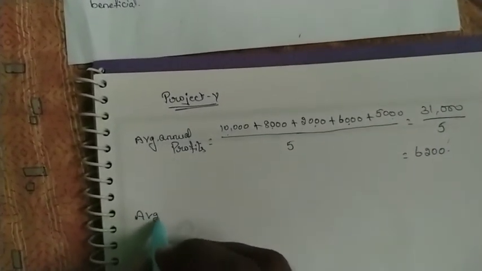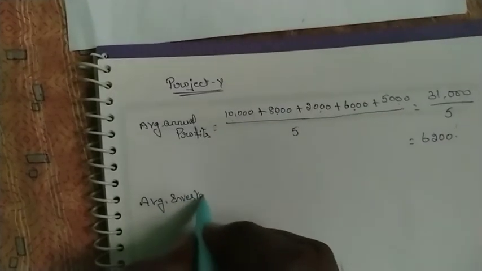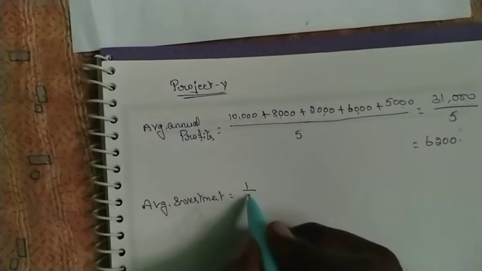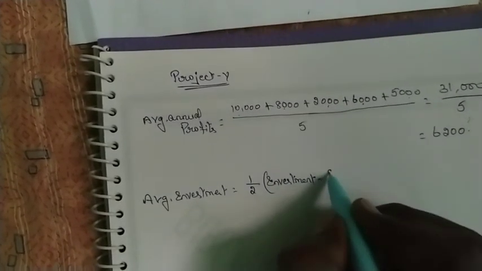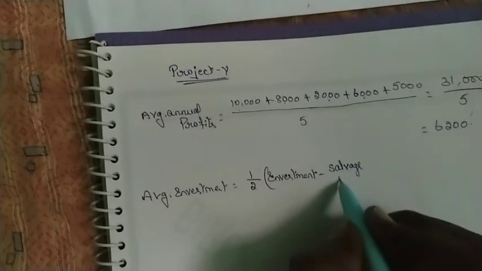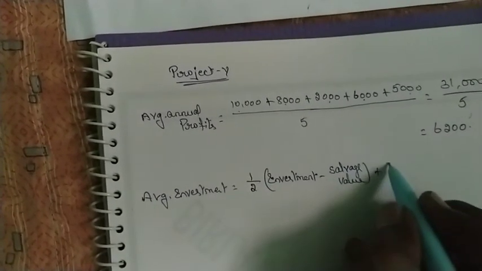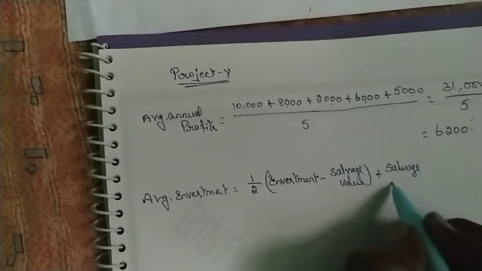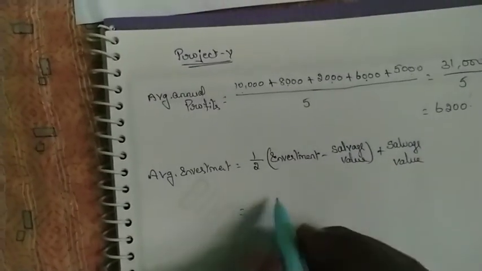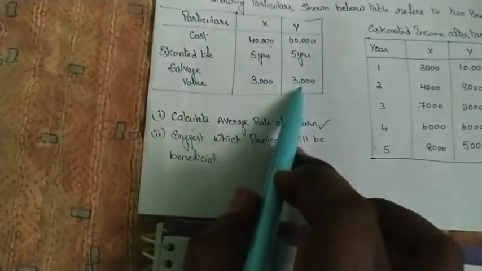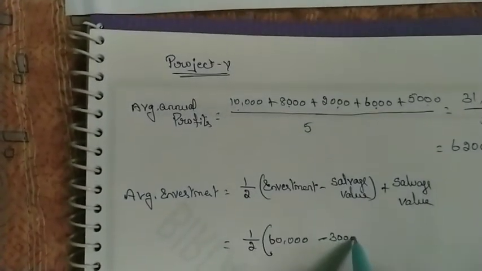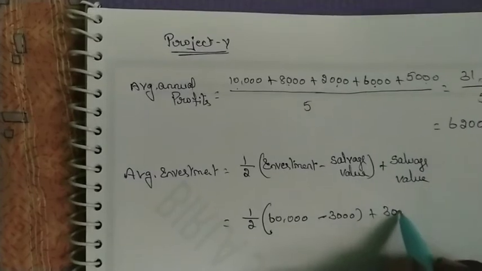In the same way, go for calculating average investment. The formula is 1 by 2 into investment minus salvage value, plus salvage value. No working capital is given. So 1 by 2, the investment cost of project Y is 60,000, minus the salvage value for project Y, which is also 3,000, plus again the salvage value 3,000.